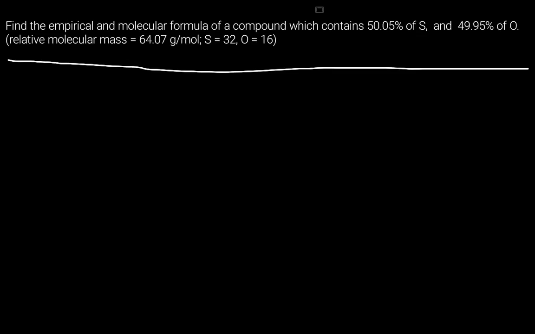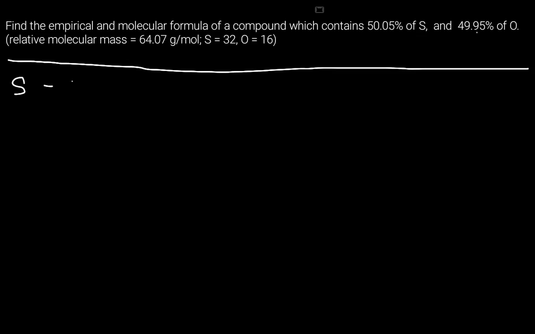So if we have 100 grams, 50.05% of 100 grams will be 50.05 grams, and 49.95% of 100 grams will be 49.95 grams.